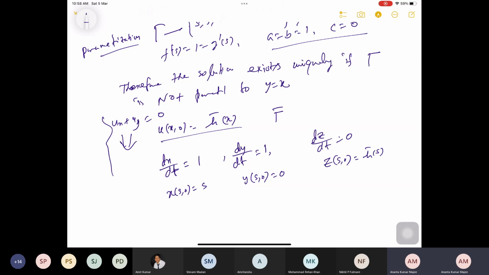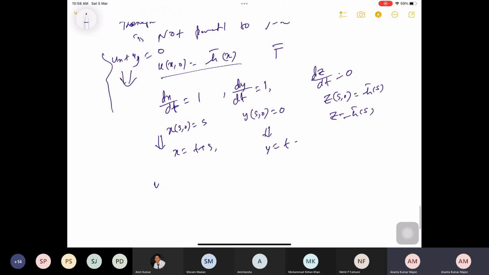Is it not? So from here, since dz is equal to 0, z is nothing but h bar of s, z of t, s is h bar of s, and x is equal to t plus s, and y is equal to t. Hence my solution looks like u of x, y equal to h bar of x minus y.